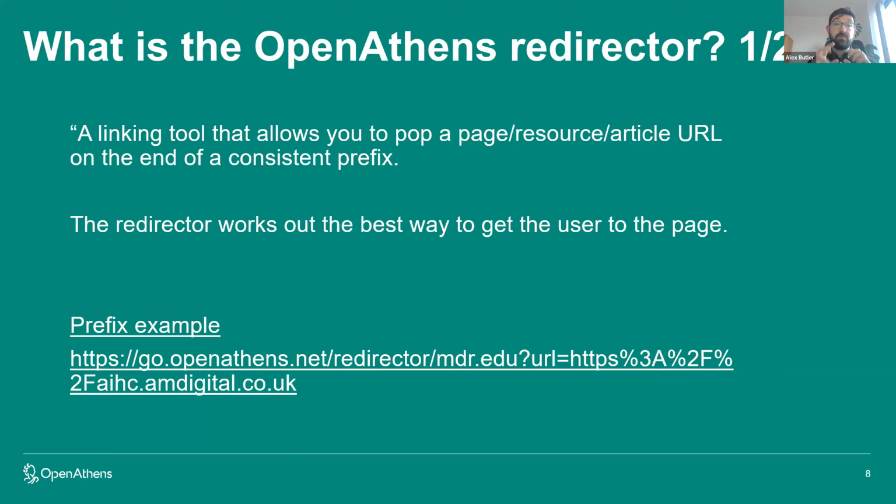Now, the redirector tool uses that prefix to work out the best way to get the user to the page. And what I mean about the prefix is this part of the URL. So when you're creating redirector links, you'll see it adding this prefix to your links, which is then going to help resolve the user to the correct place.